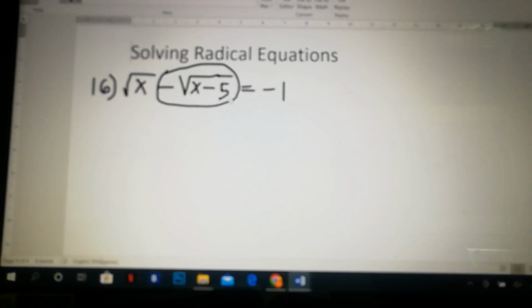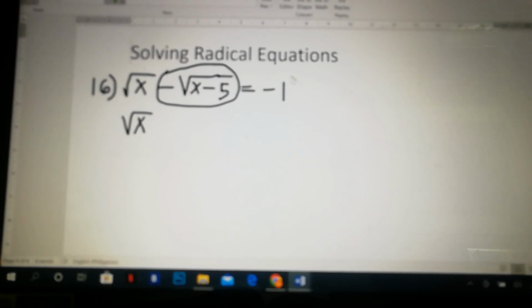Okay, so if we transpose that to the other side of the equation, then this becomes square root of x. But this negative 1 here, we must also transpose that to the left side of the equation.